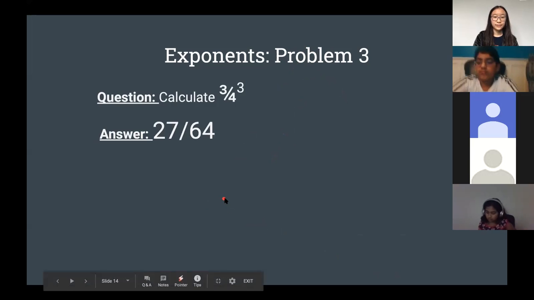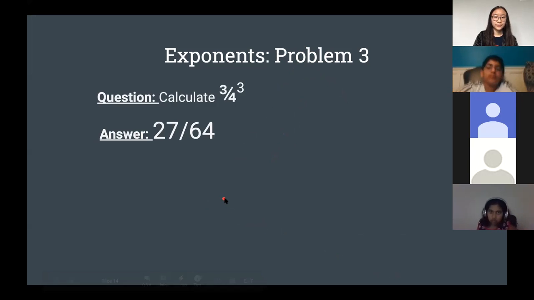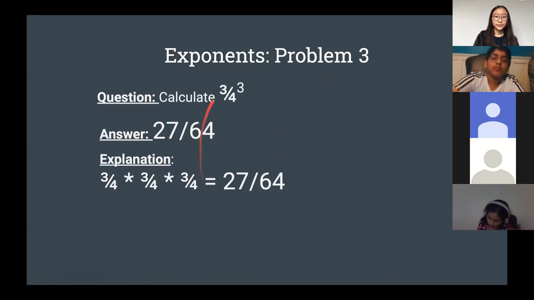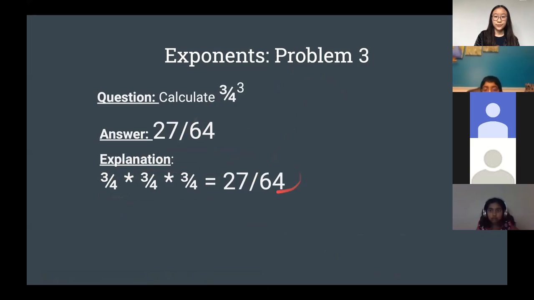You got it. It is 27 over 64, because first you have to cube 3 in the numerator, then you cube 4 in the denominator, and then 3 cubed is 27, 4 cubed is 64.